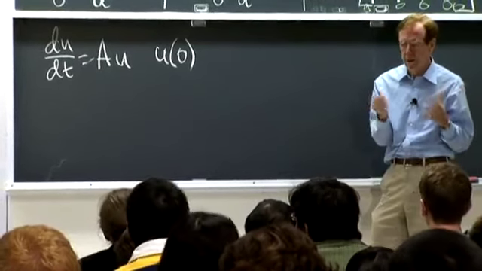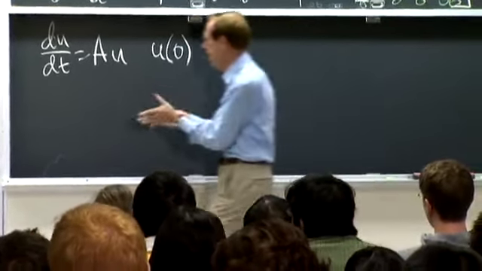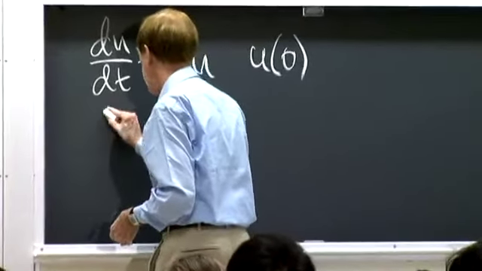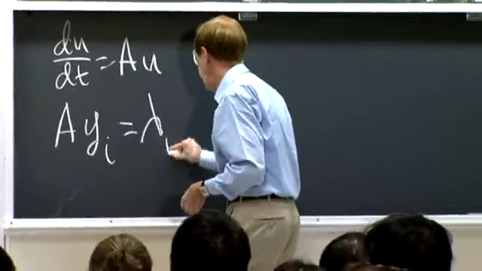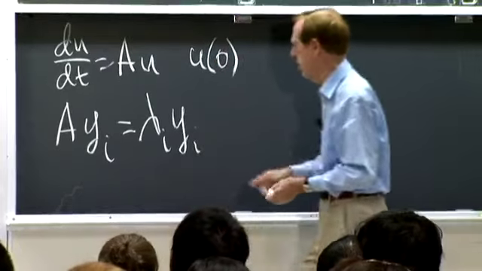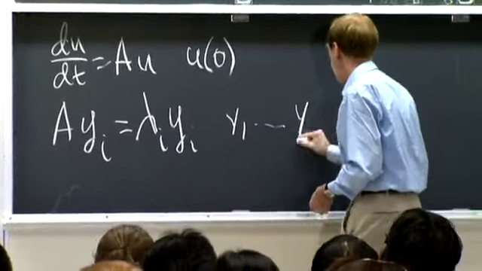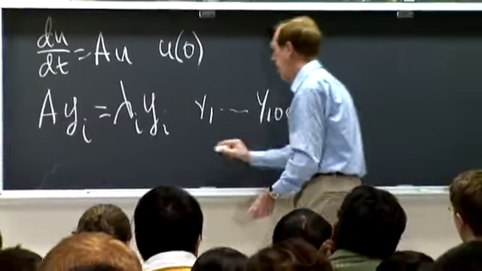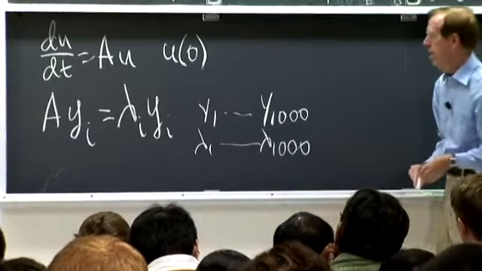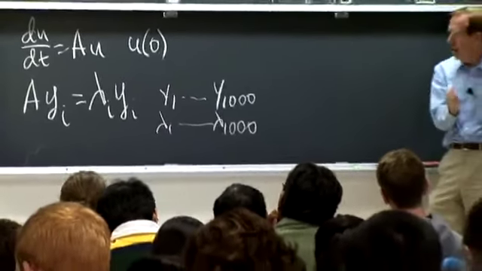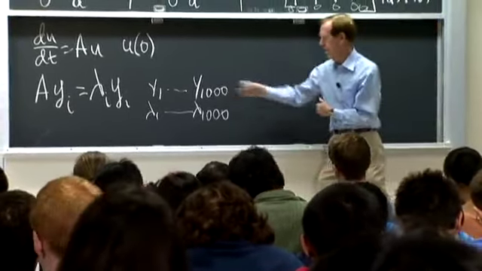How do eigenvalues and eigenvectors help? Well, first I have to find them. That's the job. So suppose I find 1,000 eigenvalues and eigenvectors. A times eigenvector number i is eigenvalue number i times eigenvector number i. So y1 to y1,000 are the eigenvectors, and each one has its own eigenvalue, lambda 1 to lambda 1,000. And now, if I did that work in advance, now I come to the differential equation. How could I use this?